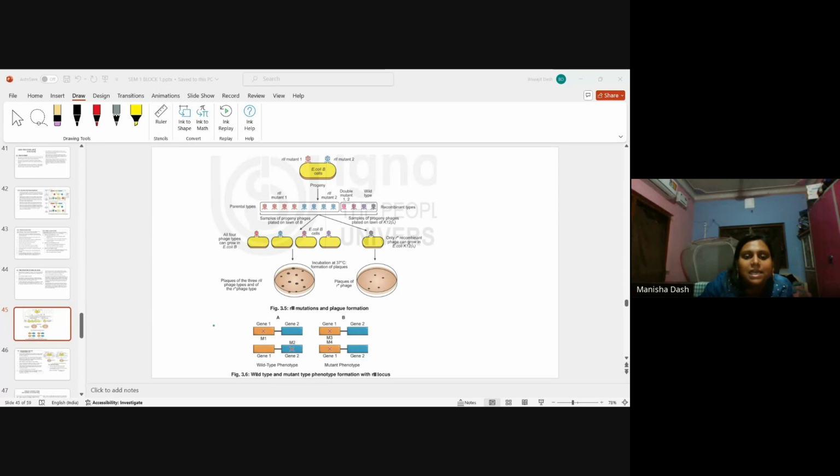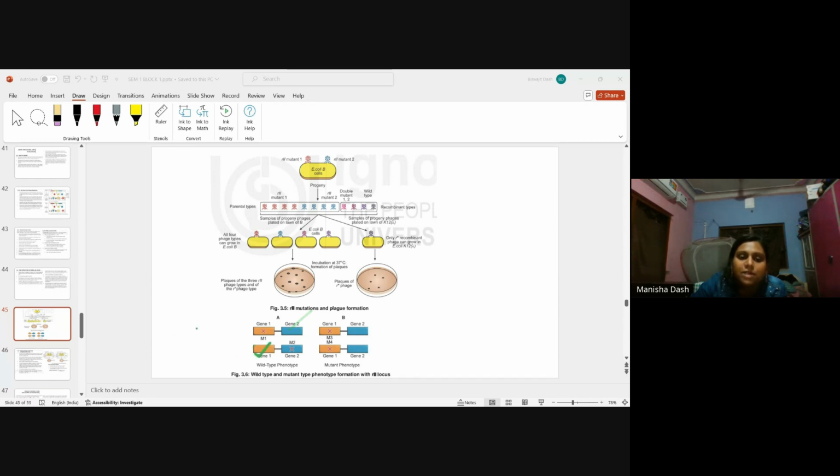But here, if you observe carefully, in the first case there is a mutation in gene 1, and in the second case there is a mutation in gene 2. So if you combine both of these, here gene 1 is non-functional, for this copy gene 2 is non-functional, but if you combine them you get a complete functional gene.